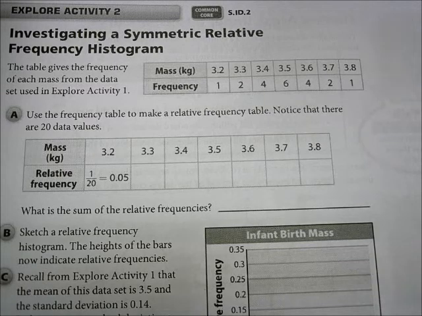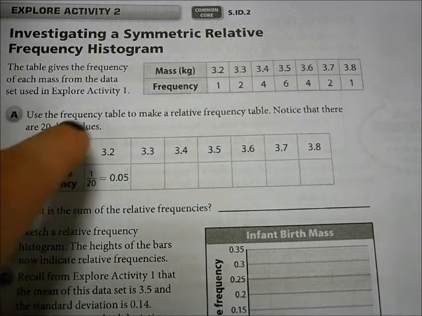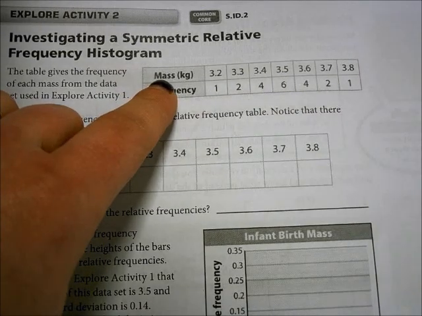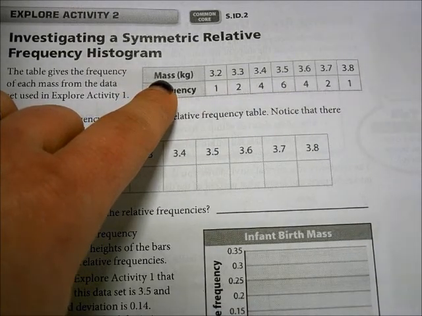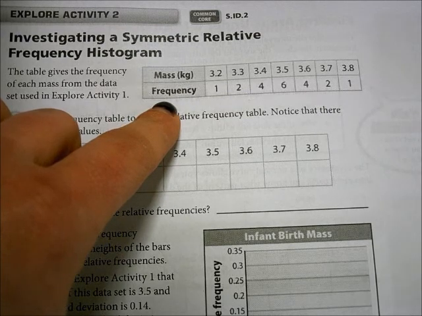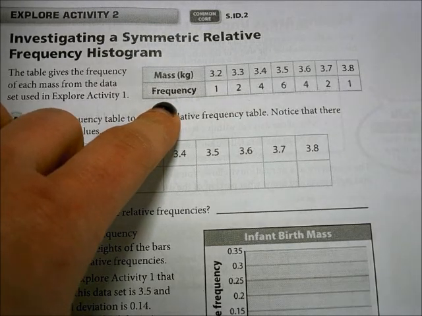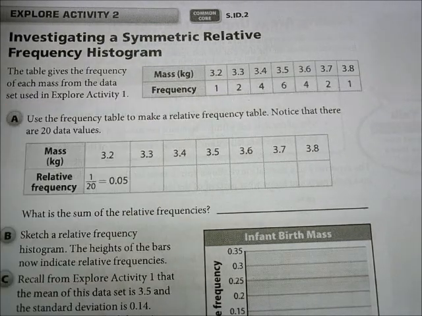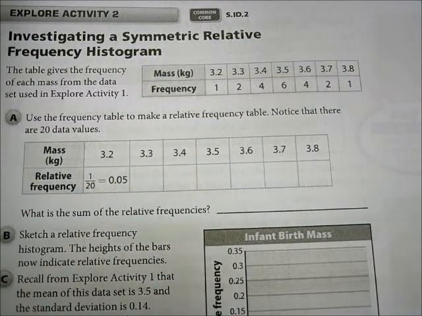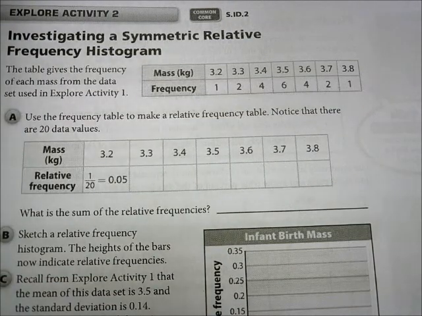So what we're going to do is take the story that we talked about yesterday, the mass in kilograms of infants or babies that were born, and we're going to use the frequency to create relative frequencies and then draw a histogram using those relative frequencies. So let me walk you through the process.